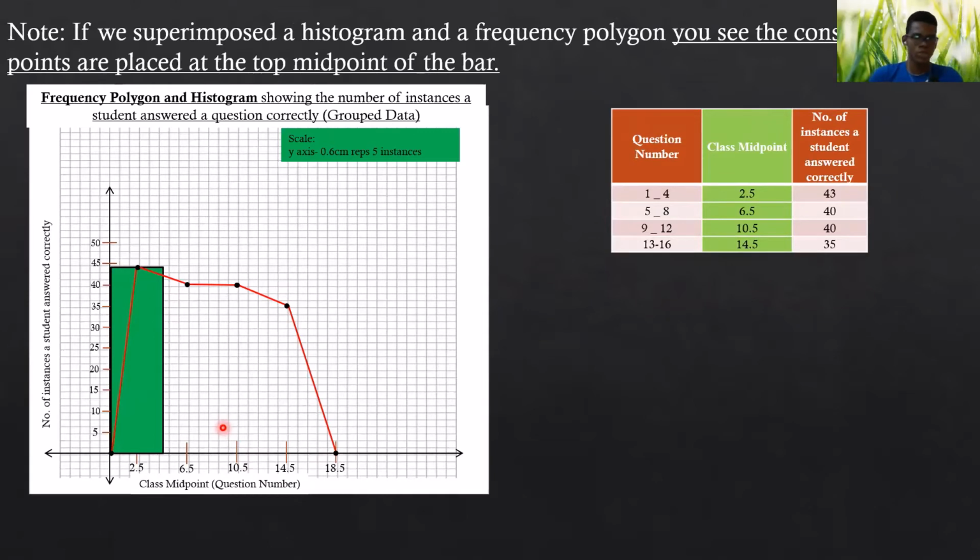To superimpose the histogram on the frequency polygon, what you need to do is recognize that your midpoint graduations are actually in the middle of each bar, right?